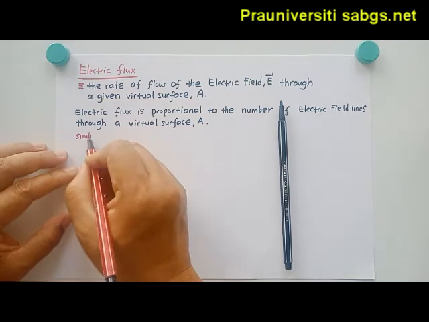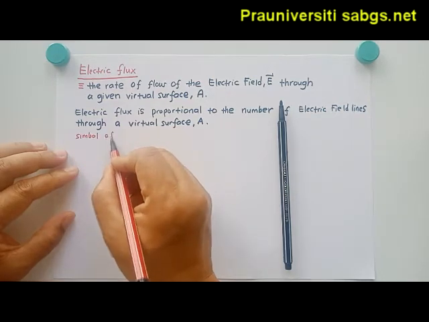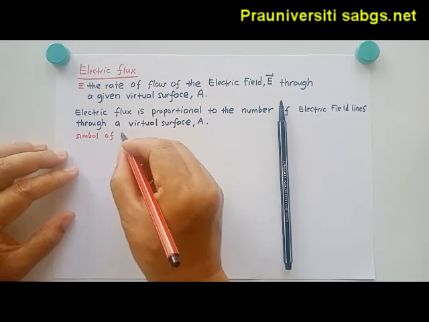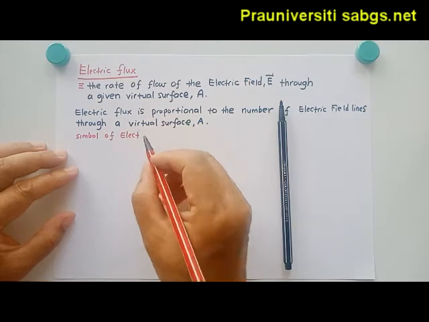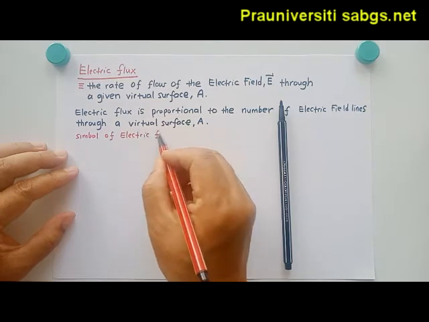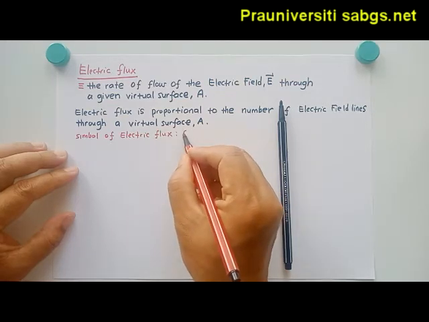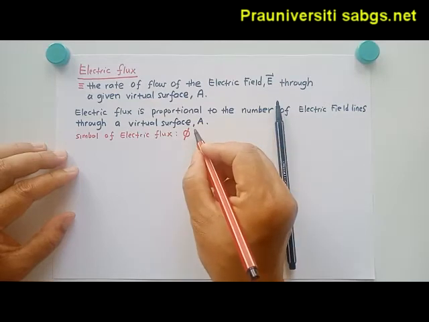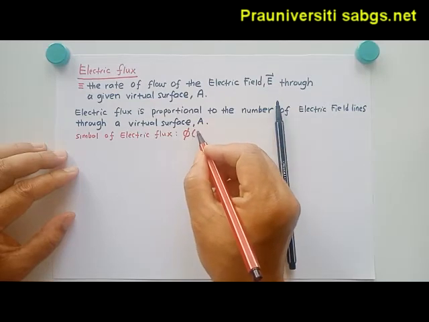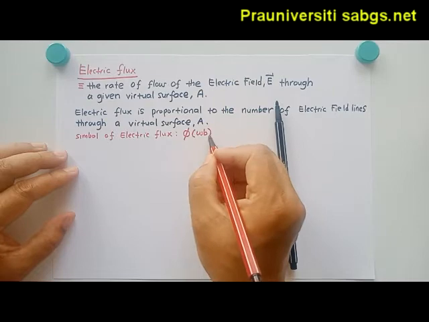So the symbol of electric flux is psi. Then what is the unit of electric flux? Actually it is Weber.